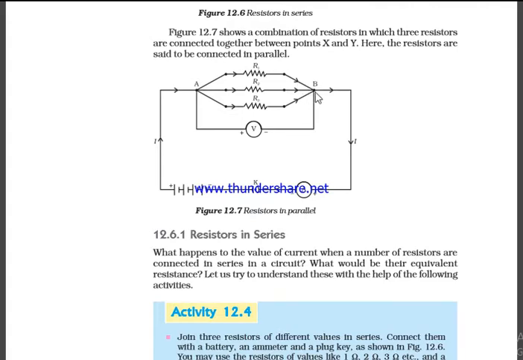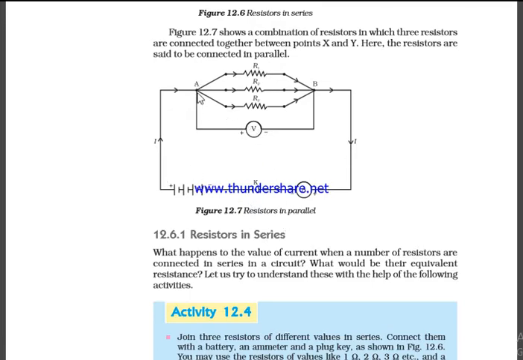Here you can see a small dot. That means one end of these three resistors is connected to the point B, and the other end of the three resistors, R1, R2 and R3, is connected to the point A. This type of connection is known as parallel connection.